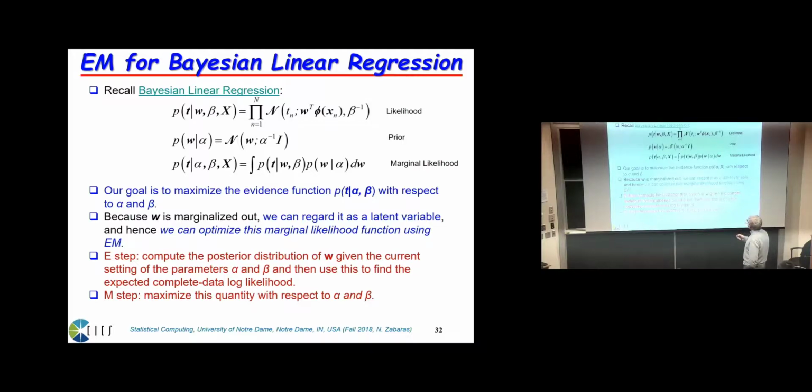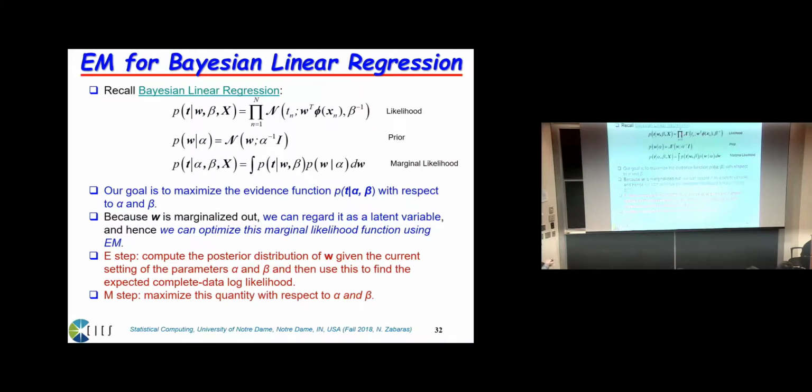So look at the three equations and tell me what that is. It says the likelihood and prior. What's the model here? It's a linear regression problem. The likelihood is that the response for a given x is W transpose phi, where phi are the basis functions.